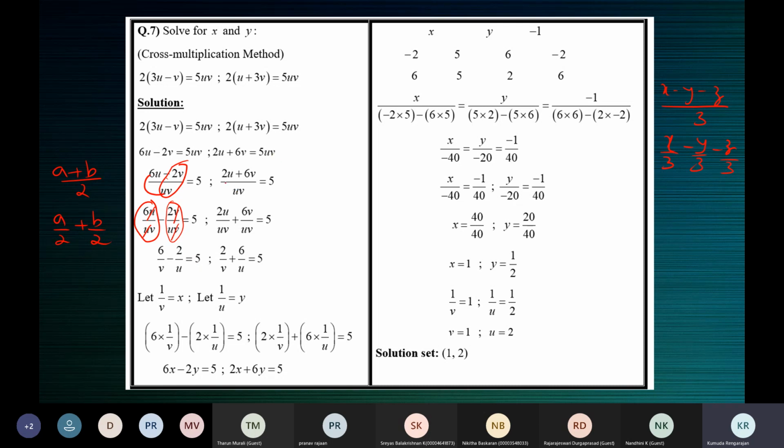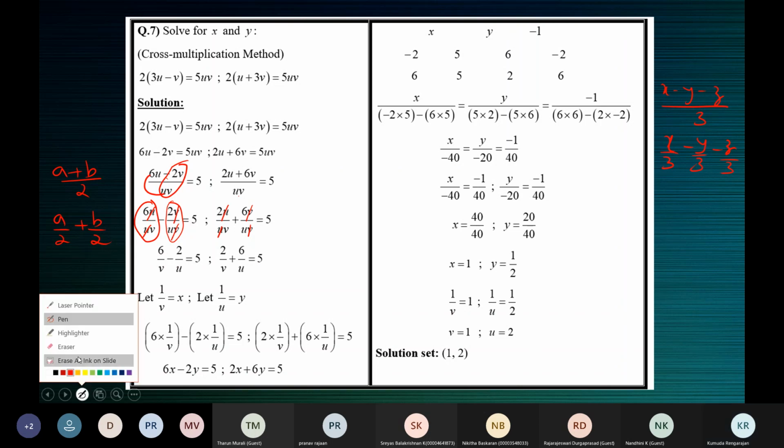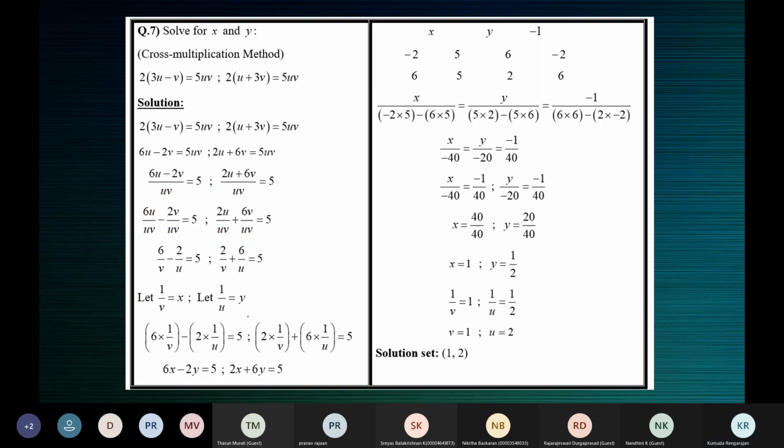Bring this uv for division, then divide 2u by uv plus 6v by uv is equal to 5. Then u and u get cancelled, v and v get cancelled. So you have 2 by v plus 6 by u is equal to 5. So upon simplifying, this is what we get.